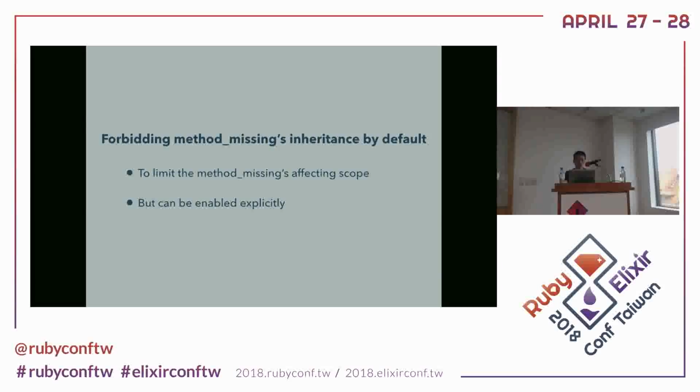And then we will forbid method_missing inheritance by default. This is to limit method_missing's effective scope, but you can still enable it explicitly to make it clearer in your code base.